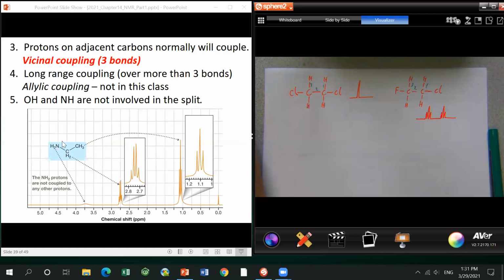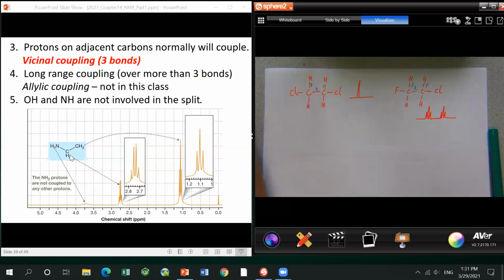We should see three signals: NH, the CH2, and the CH3. The CH3 only has the neighboring CH2, so 2 plus 1 is 3, giving a triplet. The middle CH2 looks like it should have five neighboring hydrogens, but the NH, because of quick exchange, won't be involved in coupling.